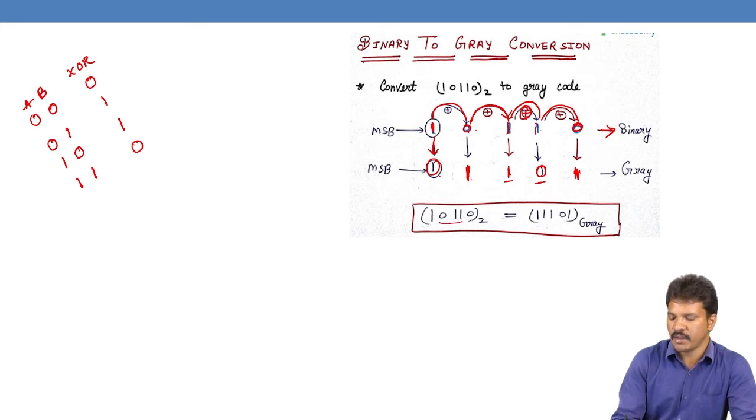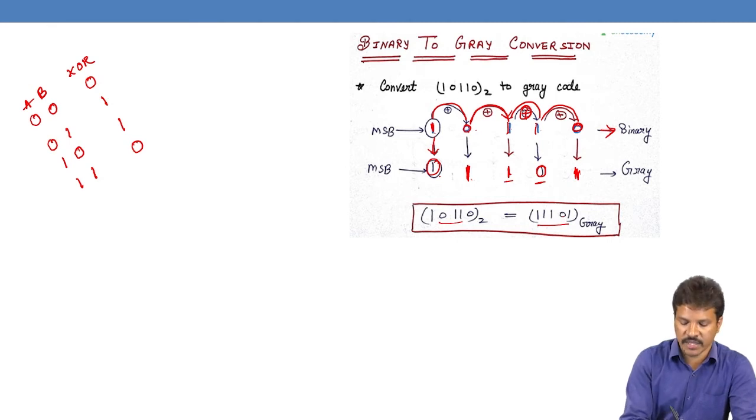This is the binary number, this is the gray code number. The mathematical equation for this gray code: for example, take a binary number of 5-bit representation, starting from the MSB bit: B4, B3, B2, B1 and B0.